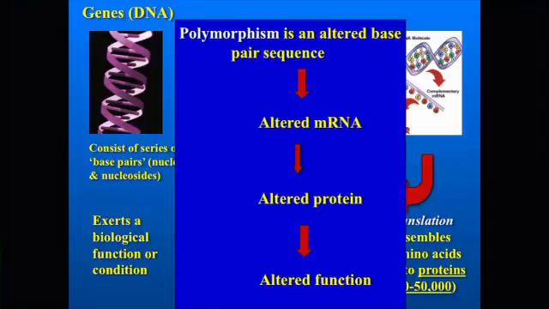Morphisms talks about expression. And so polymorphisms are multiple expressions of genes. So going back when we said that genes consist of these base pairs, it turns out that a given gene may have multiple sets or different sets of these base pair sequences.